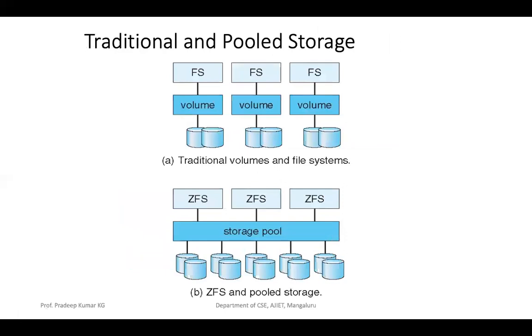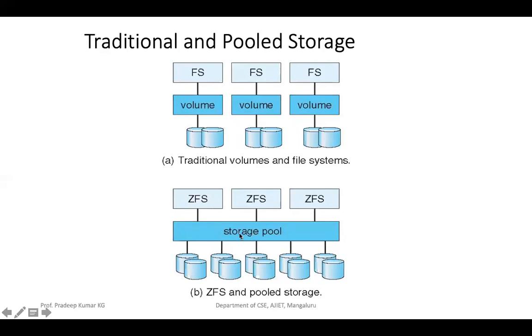And coming to this one, traditional and pooled storage. Consider this diagram, figure A, traditional volumes and file systems. Consider a file system having n number of volumes. This amount of data is stored in a number of disks. Coming to ZFS, ZFS provides a pool, an entire pool. Here you can see a clear-cut differentiation. The entire volume is clubbed together to form a storage pool, a large volume, and that large volume is monitored by ZFS.